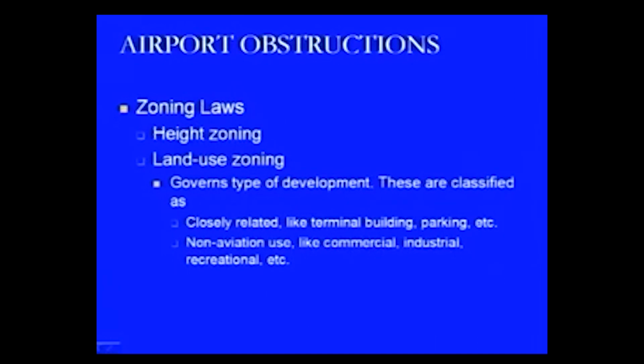They are related totally with the activities associated with aviation, whereas there are some non-aviation uses, like commercial activities, industrial activities, recreational activities, etc., and we have to look at whether these types of activities have been provided in that area, and whether that is permissible or needs to be restricted.